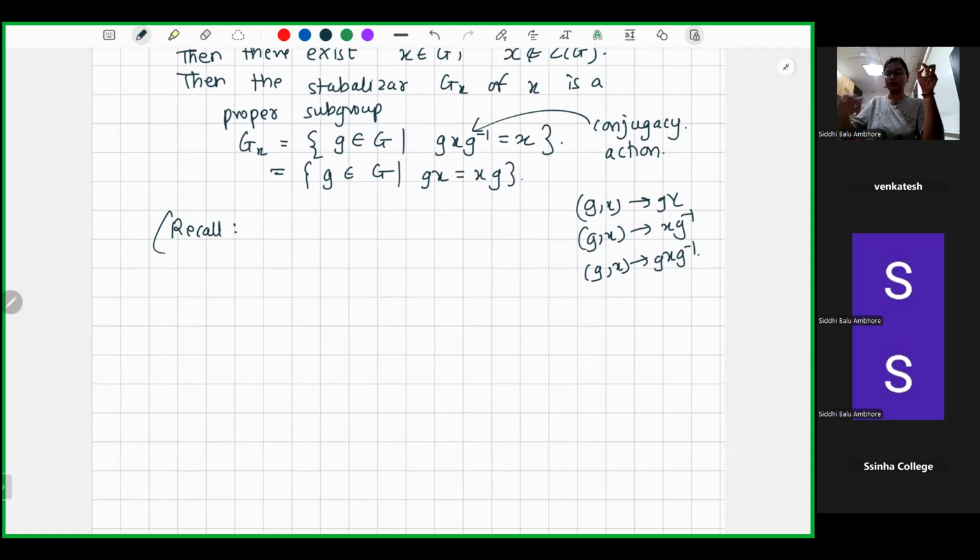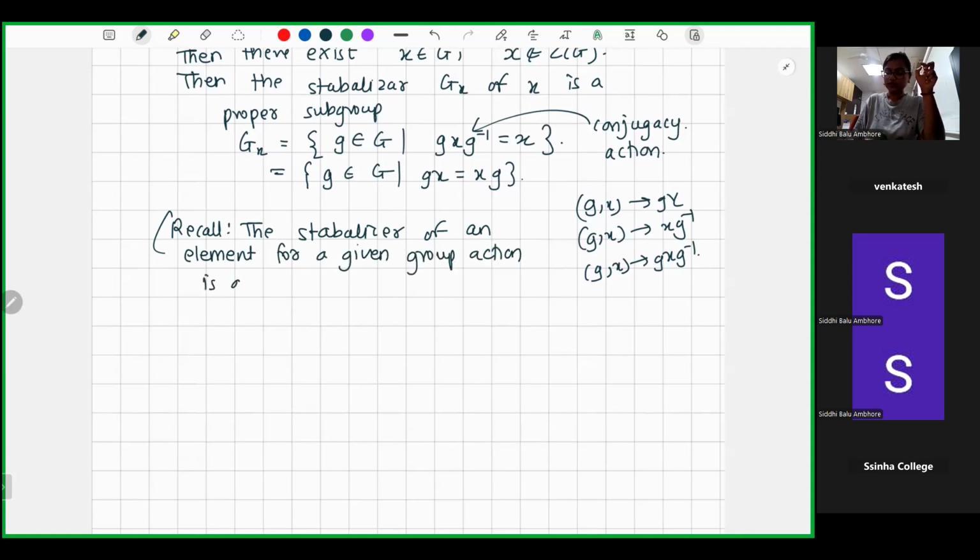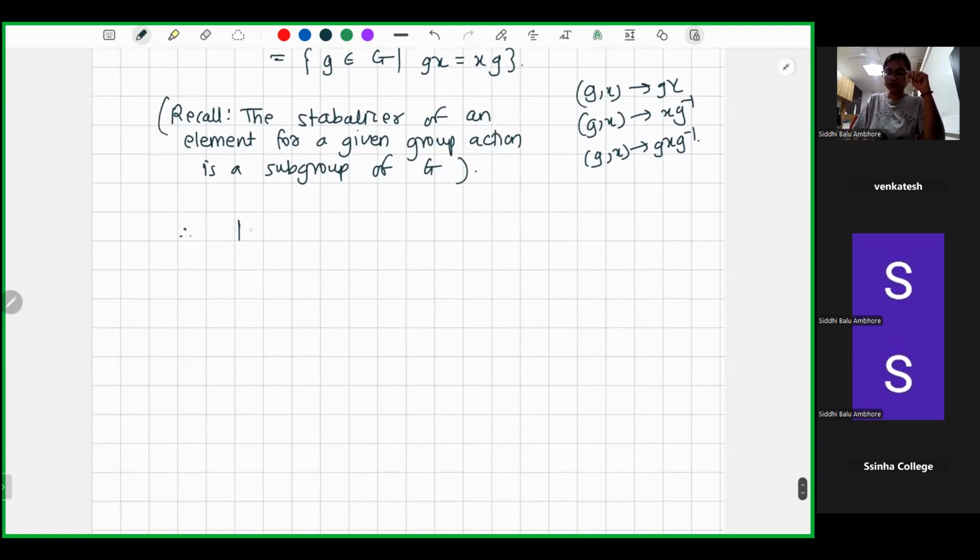It was one of the questions in last week's tutorial, that the stabilizer of an element, for a given group action, is a subgroup of G. So therefore, the order of G_x will divide the order of G. That is, the order of G_x will divide p power n.